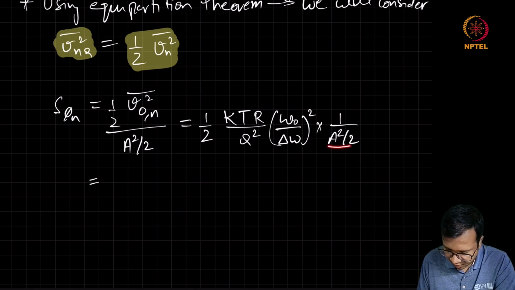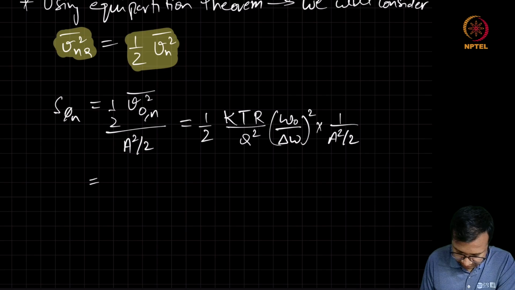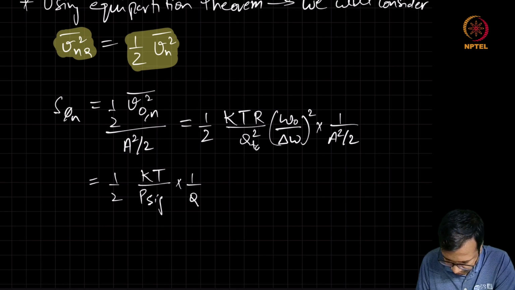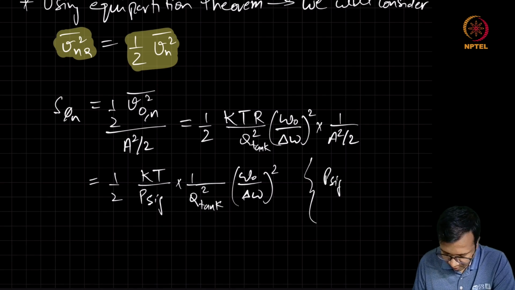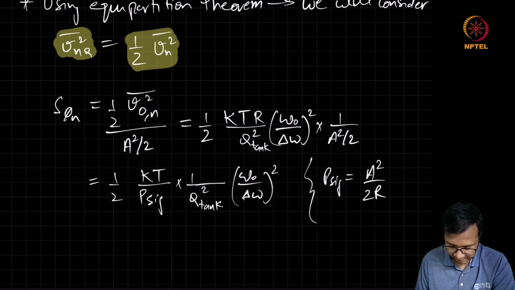Here we can see that this A square by 2 along with this R will be the output signal power or output carrier power. So we can rewrite this as half kT by P signal into 1 by Q tank square, omega naught by delta omega whole square. Here we are considering signal power to be equal to A square by 2R.